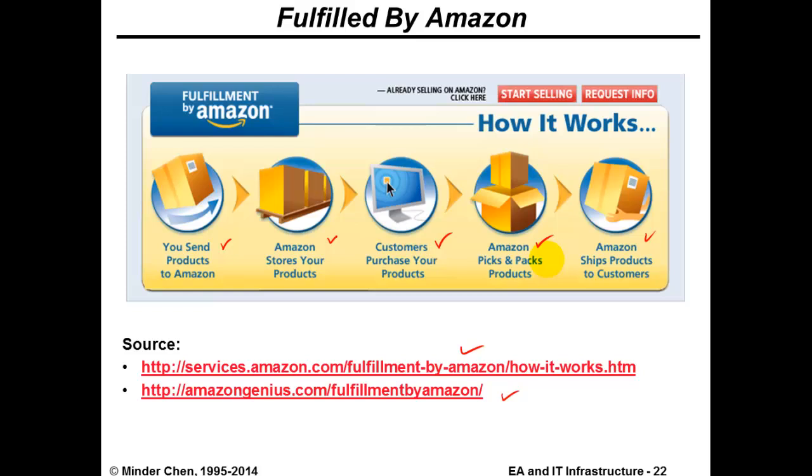Okay. Some may argue, well, distribution could be the competitive edge for Amazon, and why would they want to share that with other vendors? And by the way, most vendors are small vendors. They just couldn't afford to have a warehousing facility. And Amazon is willing to share that, so they get more users.